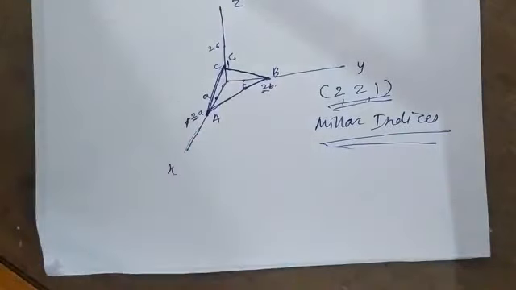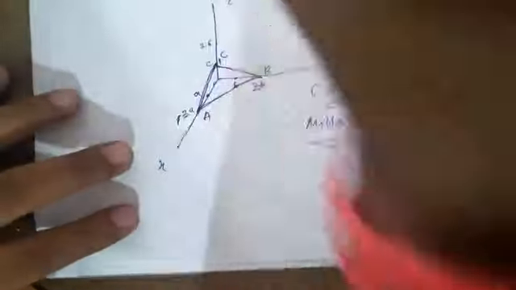Now there is a procedure for finding the Miller indices of a plane, that is, the indices of lattice planes. There are some rules or methods.